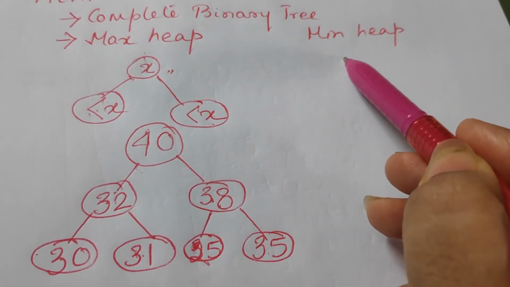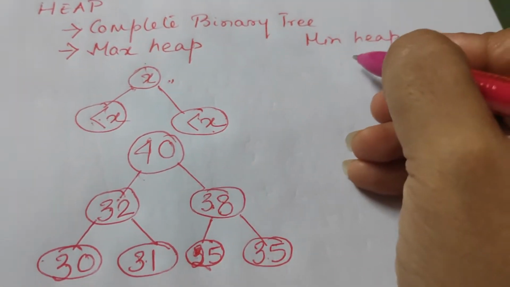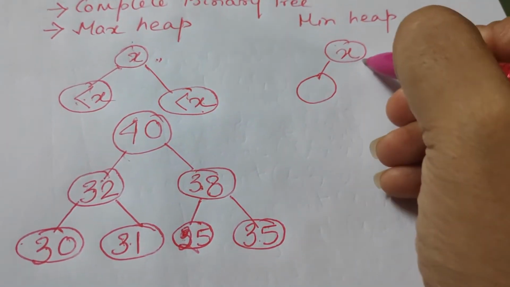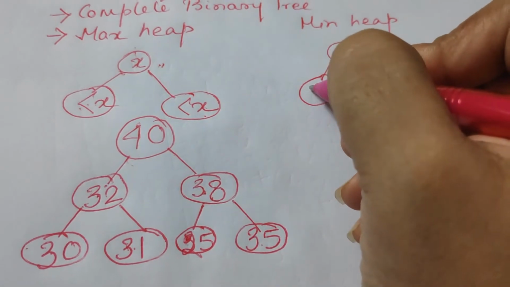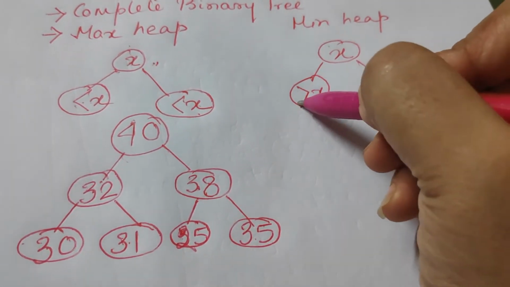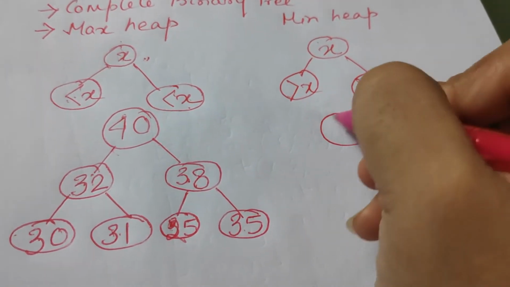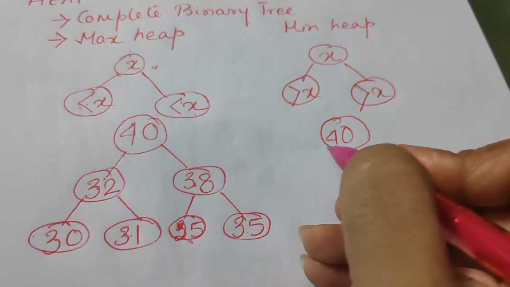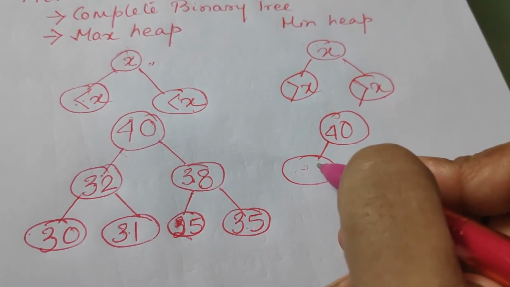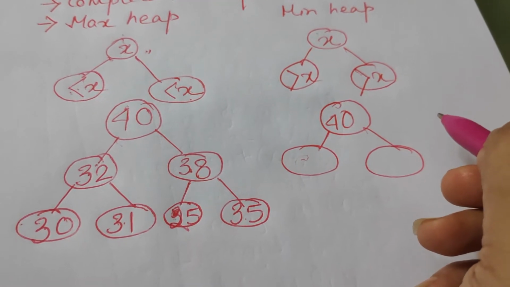Now coming to min heap. Min heap is just the opposite of max heap. That means if the parent node is X, then both the child nodes should have values which are greater than X. Both the left and the right child should have values which are greater than X. So if this node is 40, then left hand side of 40 should also have a value which is greater than 40, and right hand side should also have a value which is greater than 40.